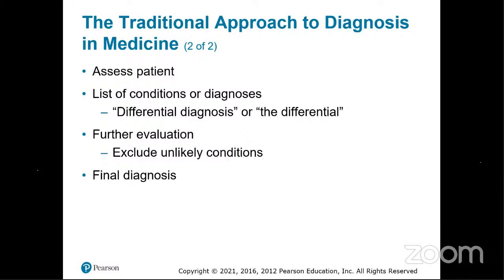Or the pupils were pinpoint and unreactive. Geez. Then we're saying, okay, my final diagnosis is a drug overdose. Does that make sense on the differential diagnoses? You're just trying to eliminate by excluding other unlikely conditions, either for further testing or just diagnosis that way.